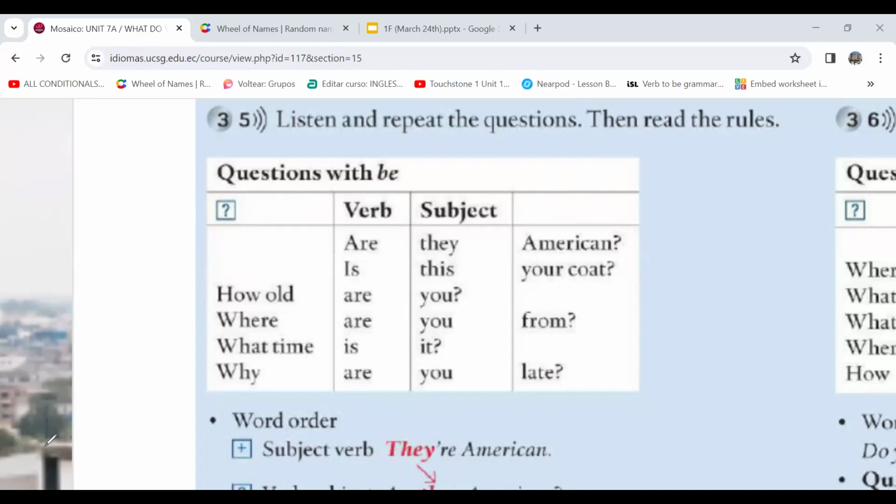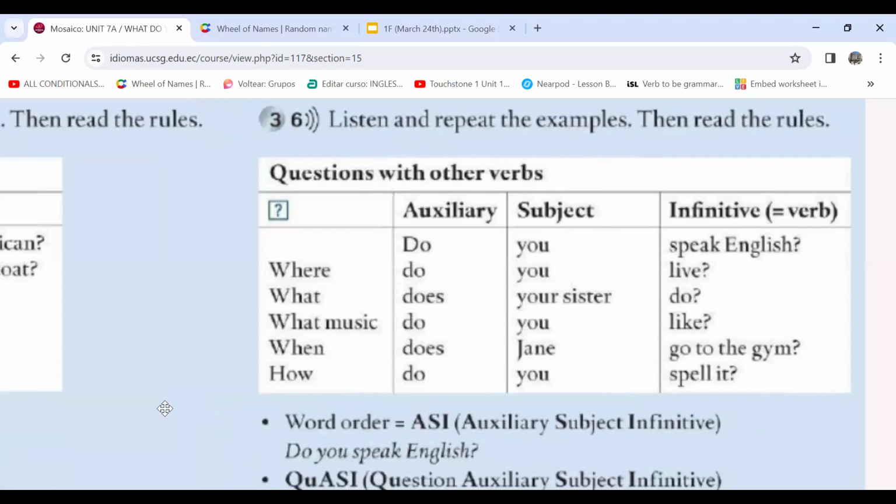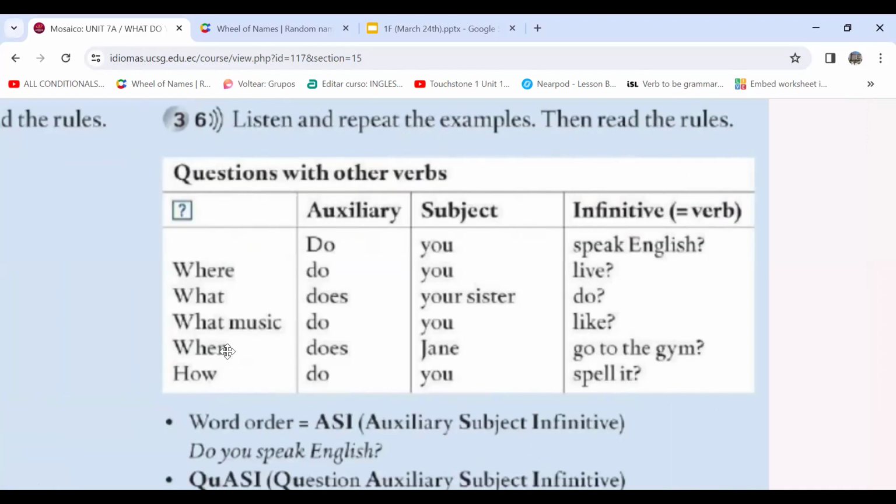¿Qué pasa si yo tengo otros verbos? What about other verbs? Check this. Again, in the first part of my question, the structure indicates that I have to use the WH question. Where, es lo que antes, hace un momento John estaba como que confundido.